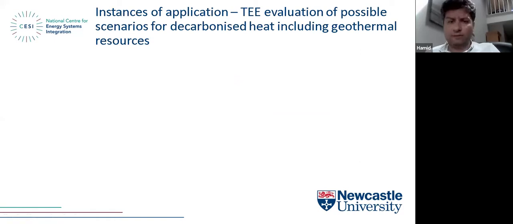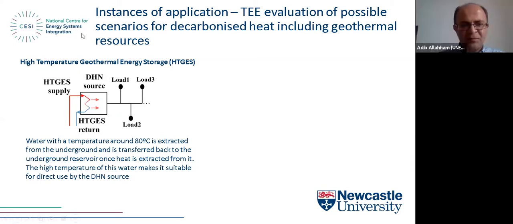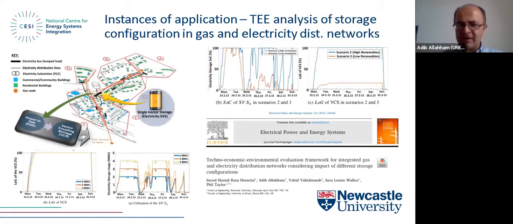Another one was that if we have geothermal storage, and also we want to decarbonize the heat, for example, for Findhorn networks, how can this framework help? I can interrupt you, please, for one point. The main idea from the previous paper is about the vector coupling storage. This means usually there is storage in gas or electricity.